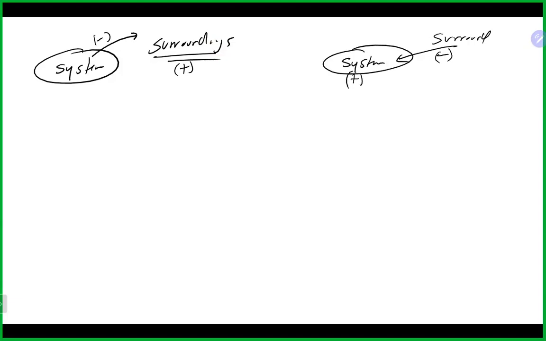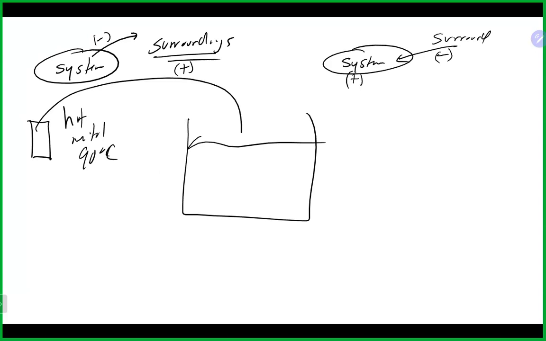We saw this when we did the lab like this. If you took a hot piece of metal that was heated up, say to 90 degrees Celsius, and you tossed it in gently into our water that was at 25 degrees Celsius, when that hot piece of metal goes in here, its temperature is hotter than the water, which means for the metal, it's going to release and be exothermic.